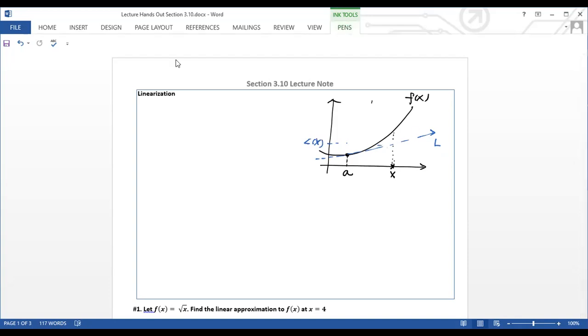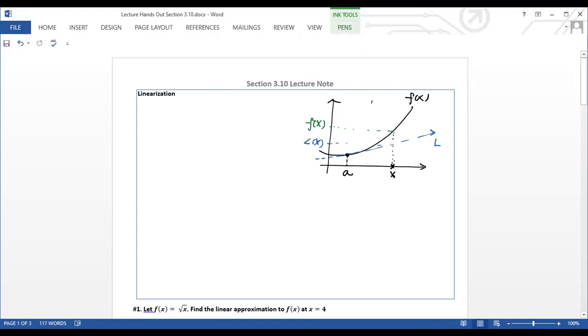That is the value based on this linear function. And when I touch the real function here, that is f of x. So what is the linear approximation?